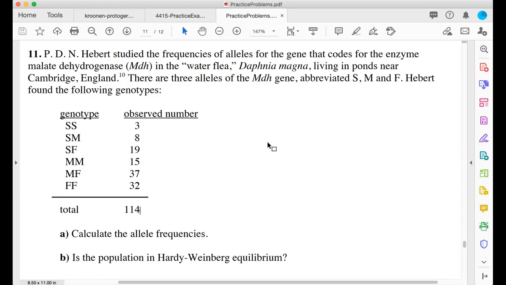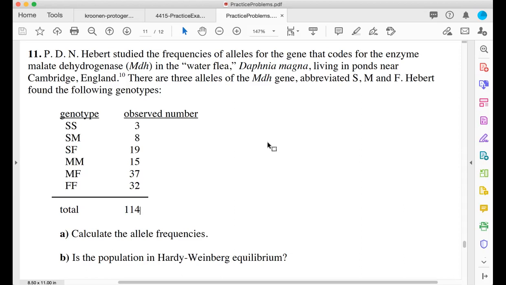And that just refers to how quickly those bands move away from the well on an electrophoresis gel. So when electrophoresis was invented, it suddenly made it possible to gather lots more data on alleles and allele frequencies and plug that into population genetics.